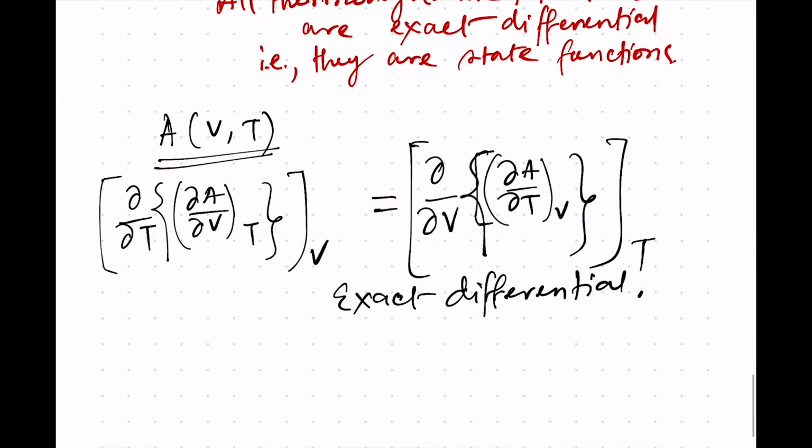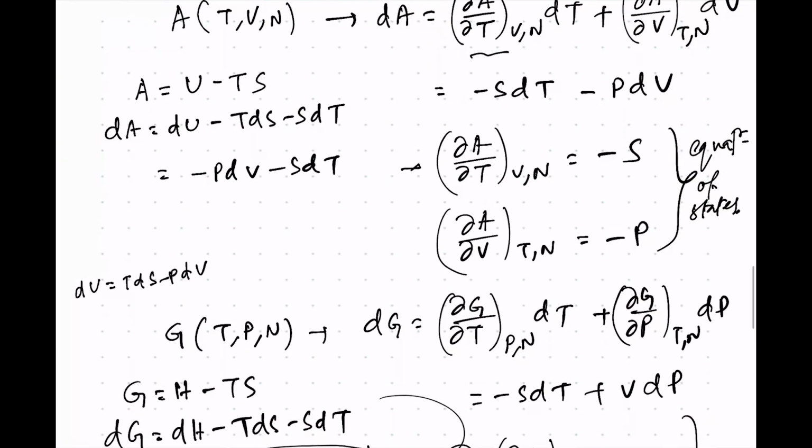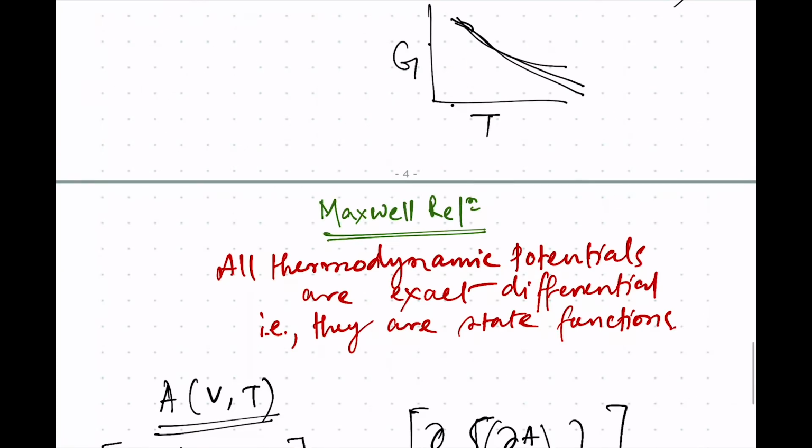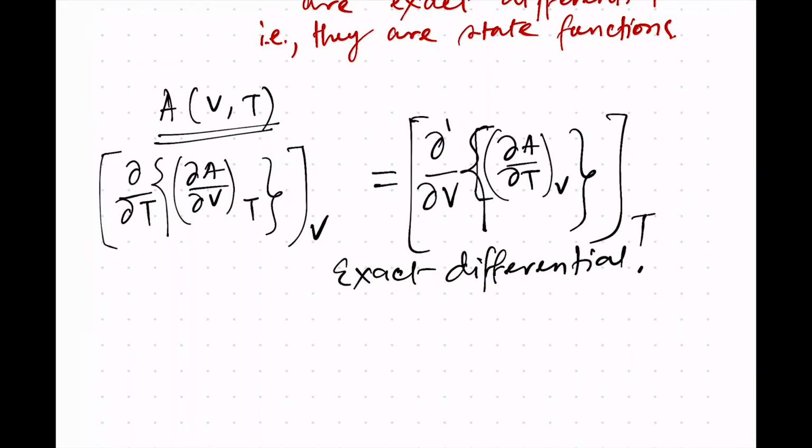For example, we know that dA by dV at a constant T is what? We have discussed that here. dA by dV at a constant T is nothing but minus p.